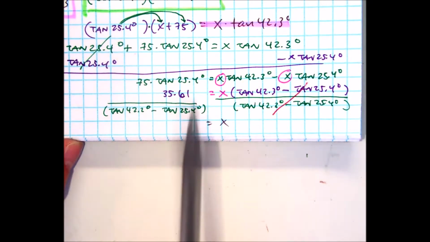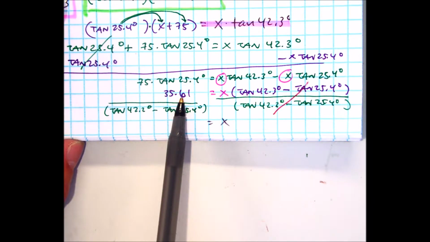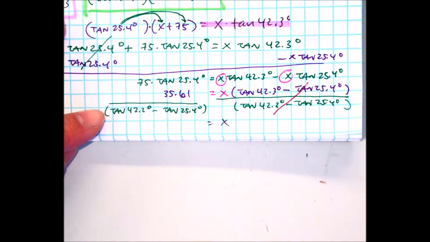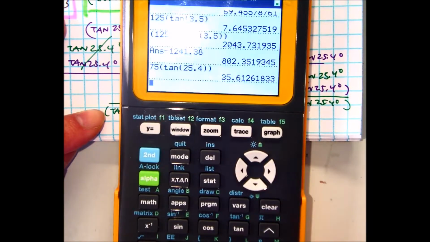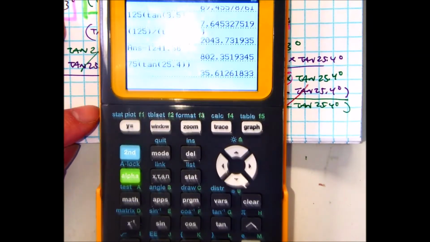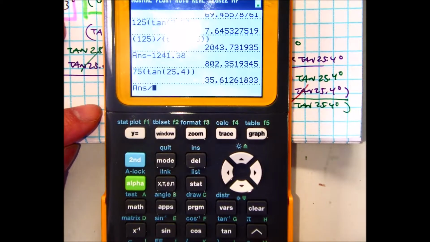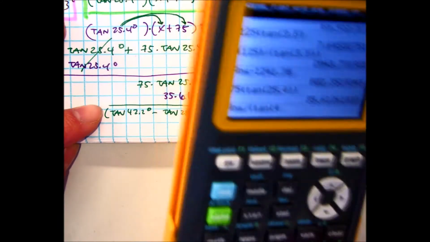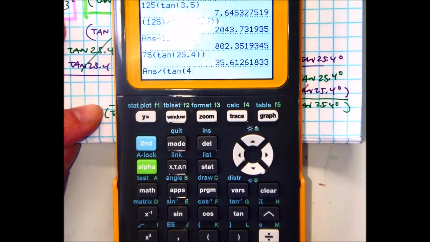So in our calculators, I'm just going to take my answer and divide it by these two. So I have an answer in my calculator, so even better, I'm not even rounding. And I'm going to press divided by tangent of 42.3 minus parentheses.